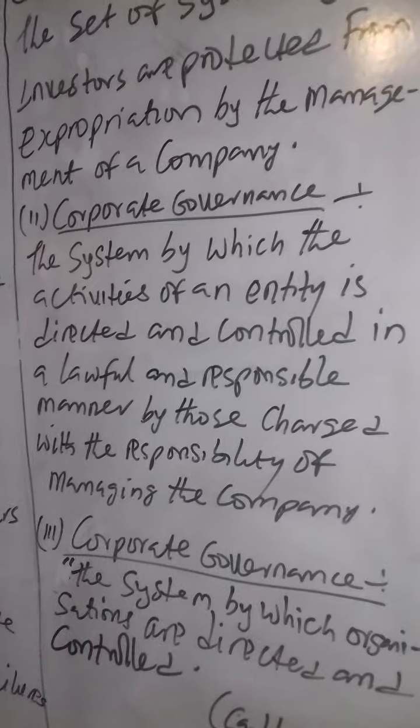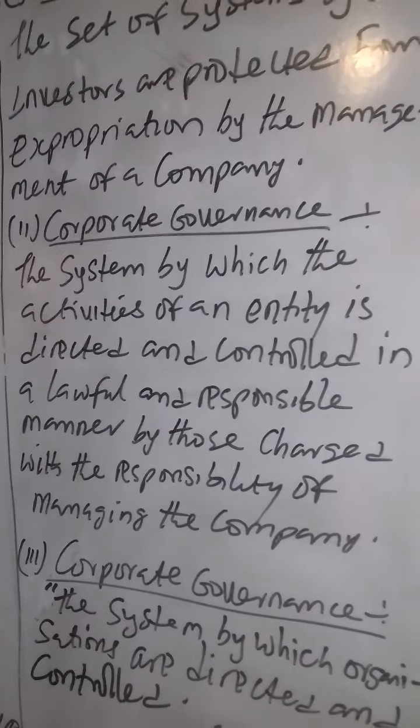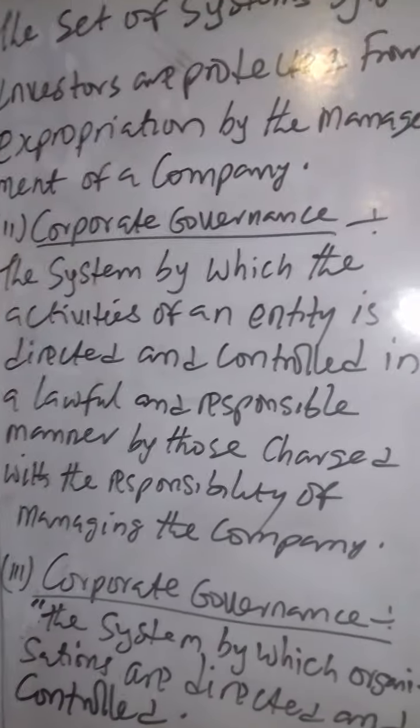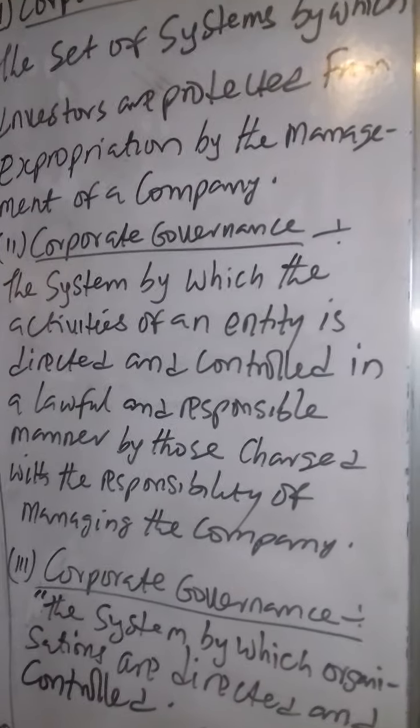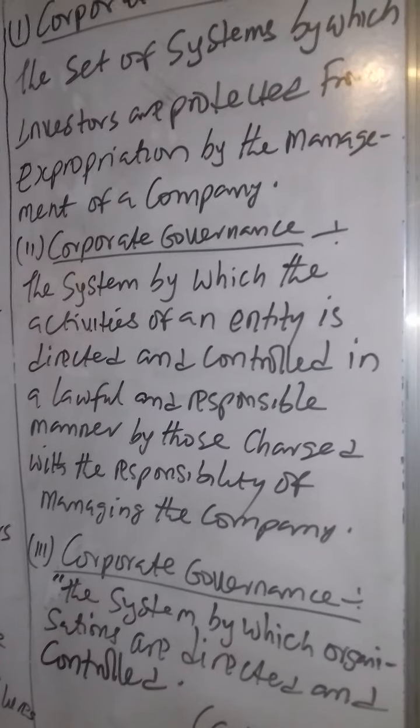When I say entity, I mean a company, a nation, an association. Now let me say this. For me, corporate governance is warfare against the corruption in human minds. Warfare against corruption. That's corporate governance.